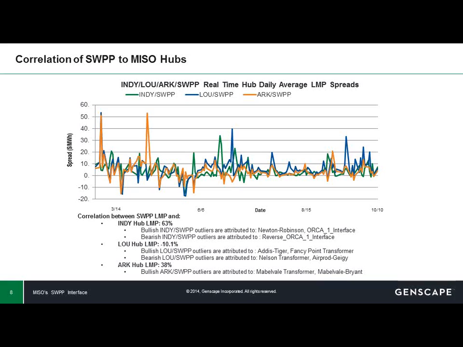And lastly, we look at the Arkansas hub versus Swpp spread.